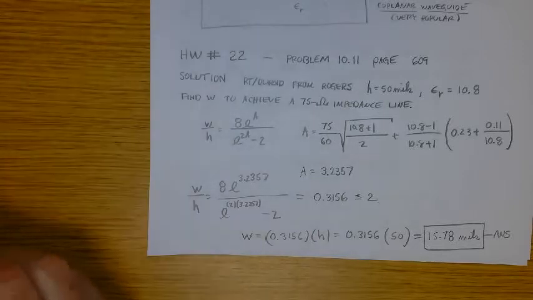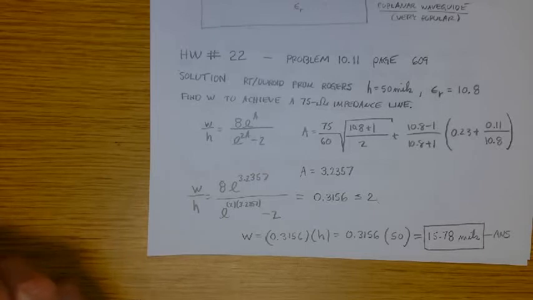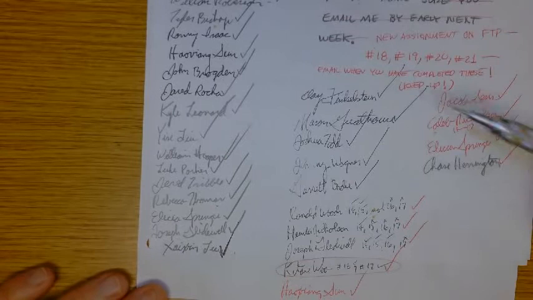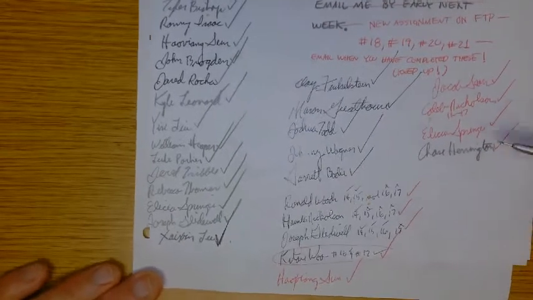More to come. We'll have a handful of assignments out of chapter 10, and then we'll draw a line in the sand, and you'll send me an email indicating that you've done that. Most of you have sent me an email on the previous problem set. Here's the list of names that I have.